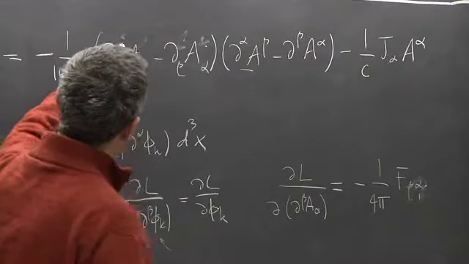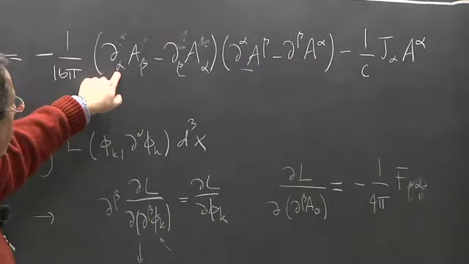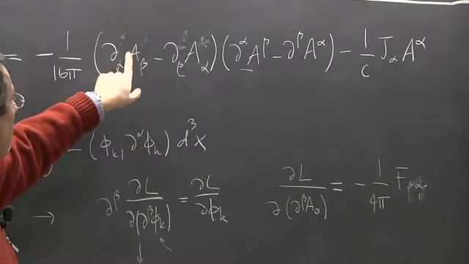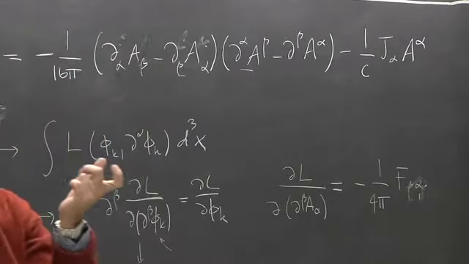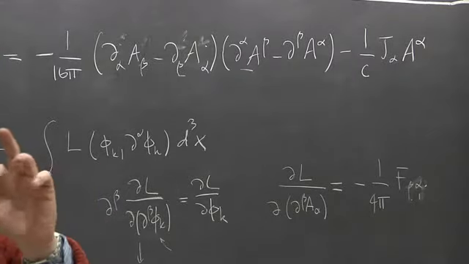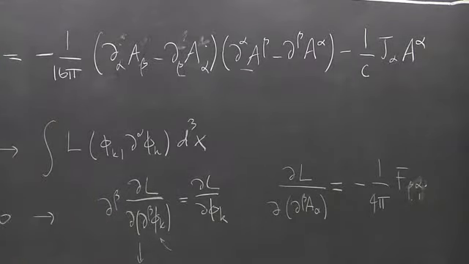Notice that it makes a difference if this index is a lower index or an upper index. You should be careful because of the Minkowski metric, at least for the 0 component: if it goes up, it gets a minus.